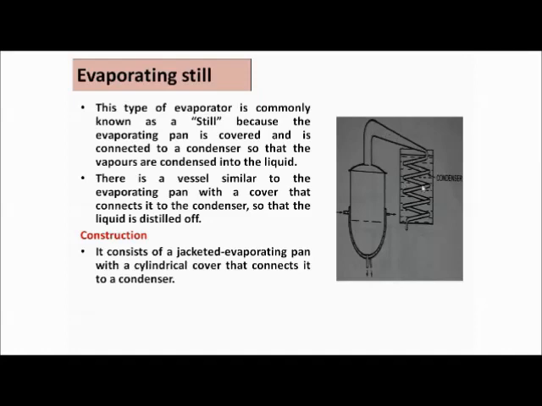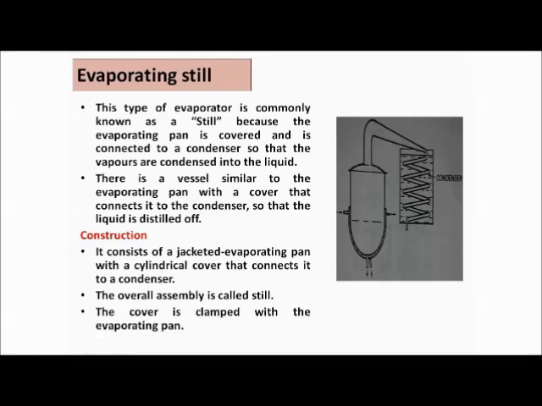While traversing the condenser, they will get cooled because the condenser will have cold water, and finally the vapor will get converted into liquid again. The overall assembly is known as a still, thus an evaporating still. The cover is clamped with the evaporating pan, just similar to this one, but it is smaller in size, all right?